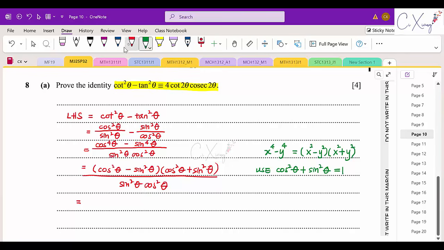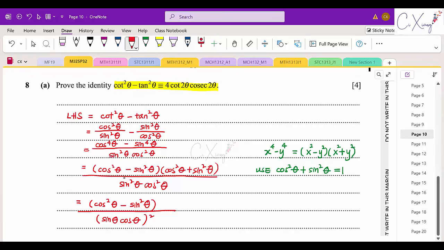Okay, and now I'm having cos square theta minus sine square theta divided by sine theta cos theta squared.